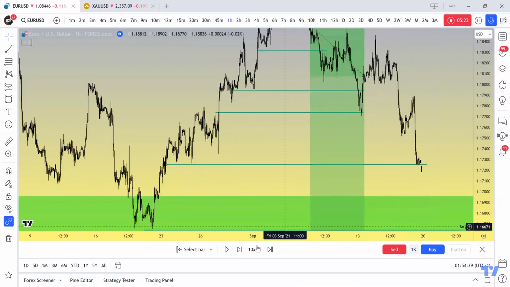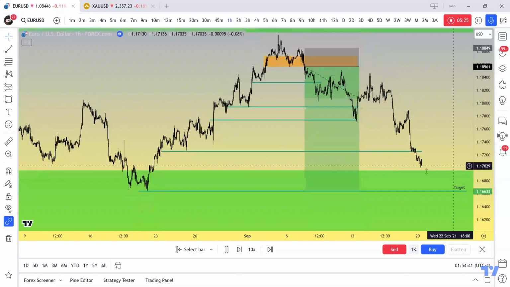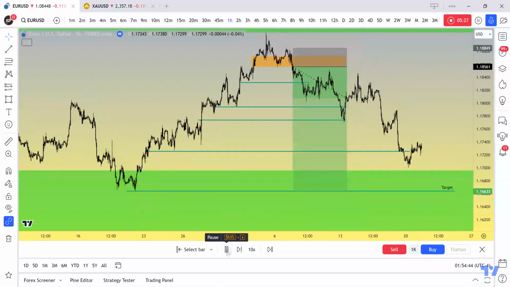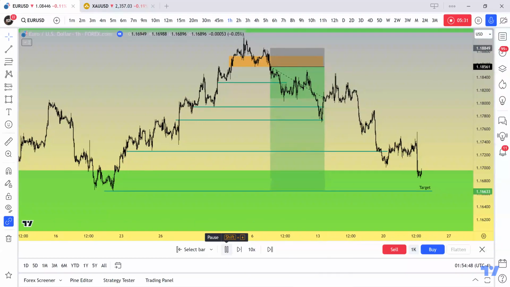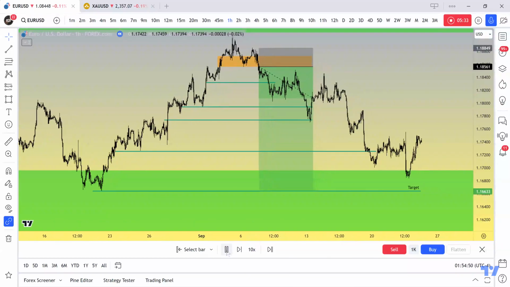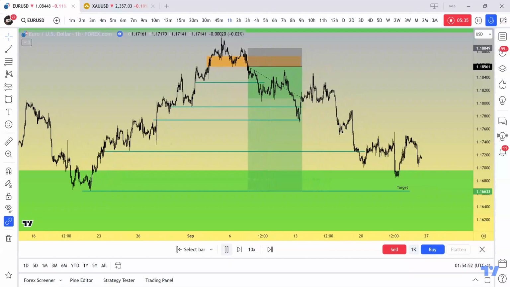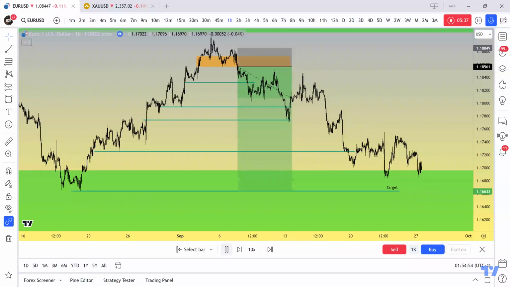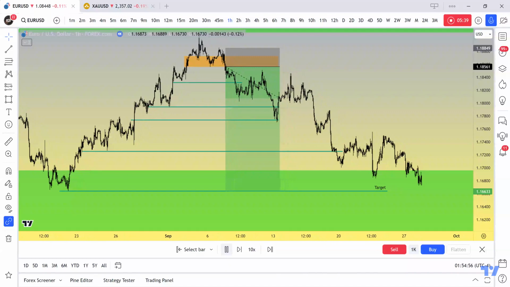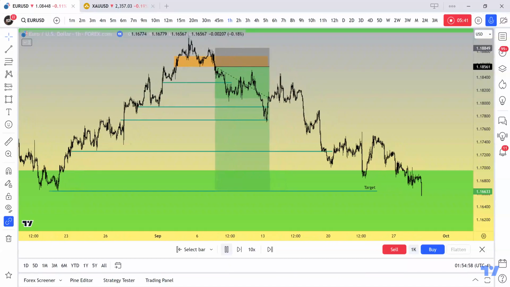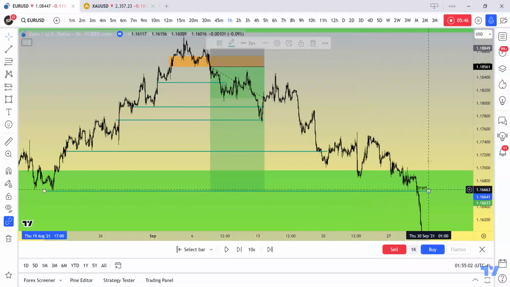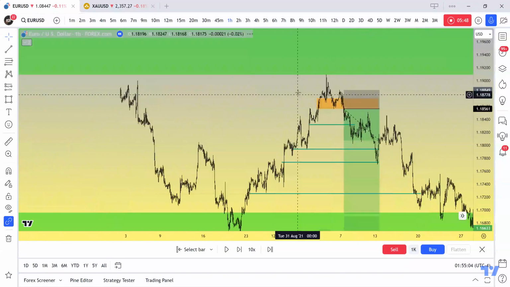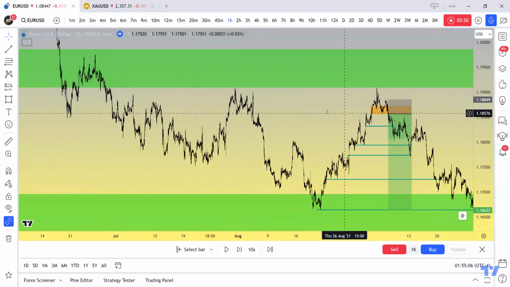Okay, that target is hit. Let's see if our final target is hit. Waiting, waiting. Boom. Okay, should go there now. Yep. All right, so great. Final target hit.